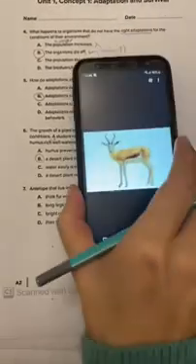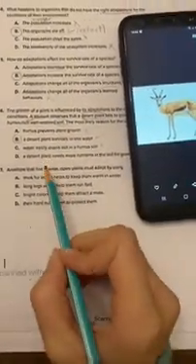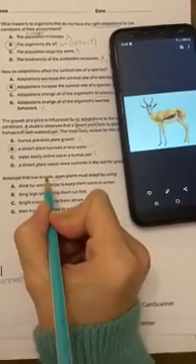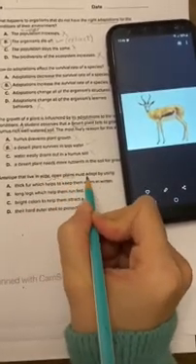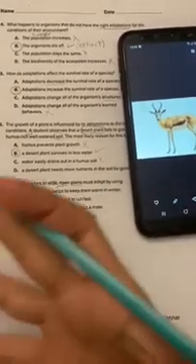Number 7. Antelope. That is the antelope, an animal that lives in wide and open plains and must adapt by using what? They live in a very open place.